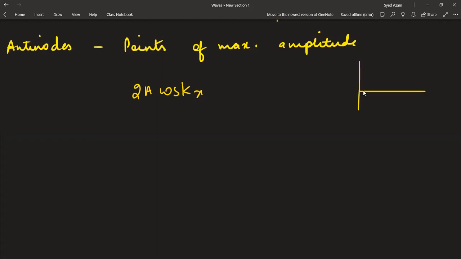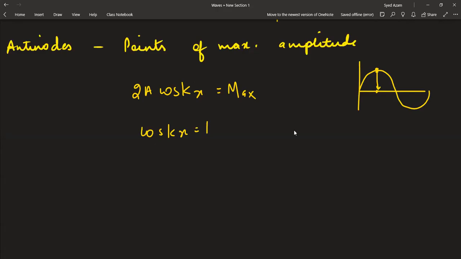Look at this: if this is a wave, this particle has covered this maximum distance. This is called an antinode. So this value will be maximum, and your cos kx will be 1, because that is the maximum value.